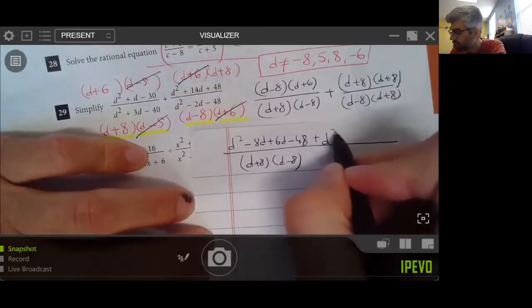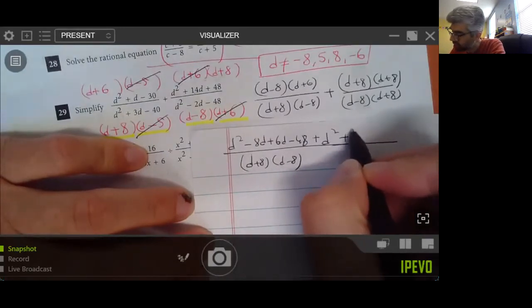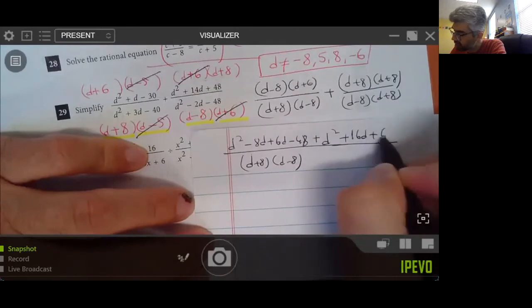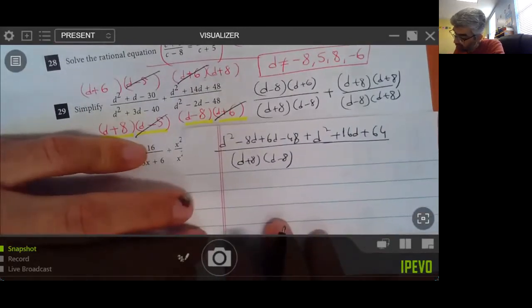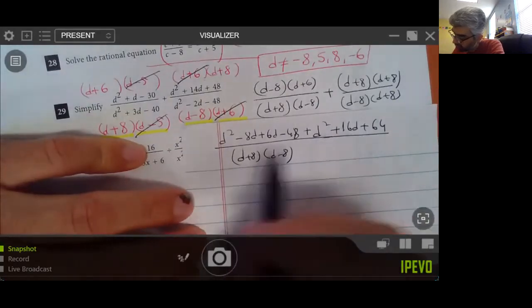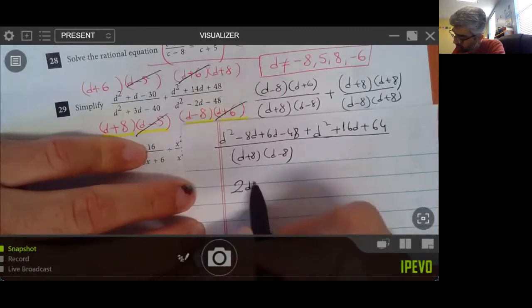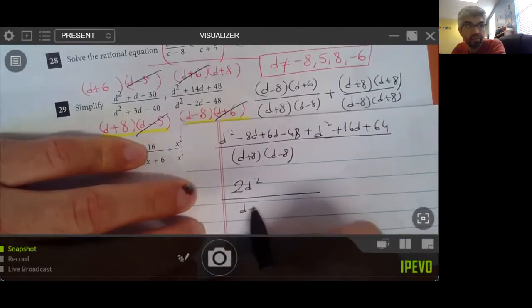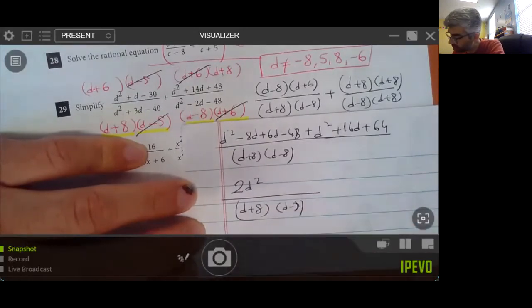I know it is D squared plus 2 times 8 times D, 16D, plus 8 squared, 64. And this is the denominator. Well, I have to combine the terms. There are 2D squared. You see it? Yes. Denominator is D plus 8, D minus 8.